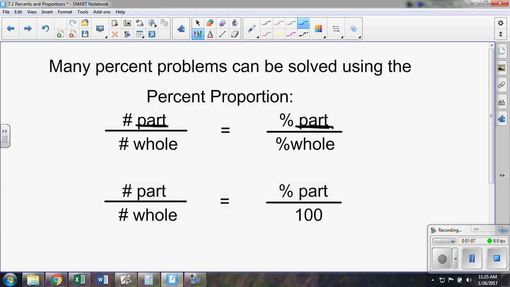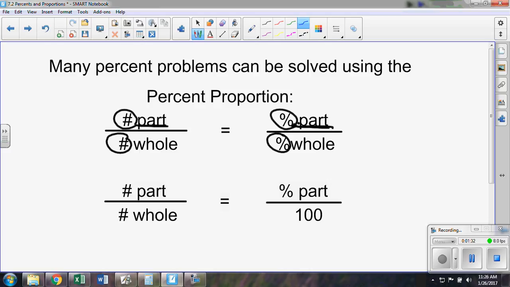It's just that we're going to represent the part in two different ways. We can represent part of something as a number part, or we can represent it as a percent part. Same thing with the whole amount. We would have the whole amount represented as a number in the denominator, and the whole amount represented as a percent.